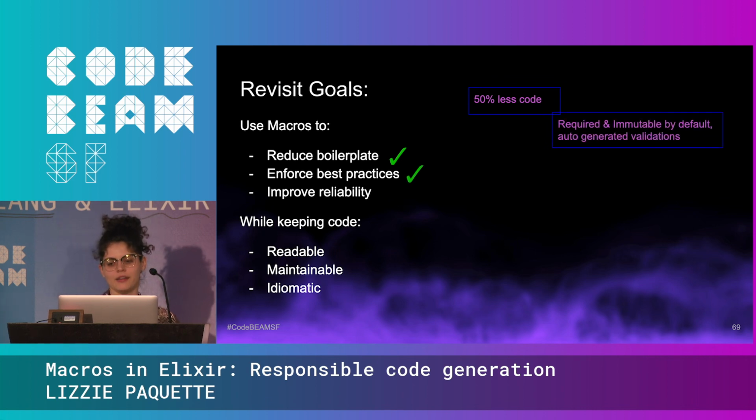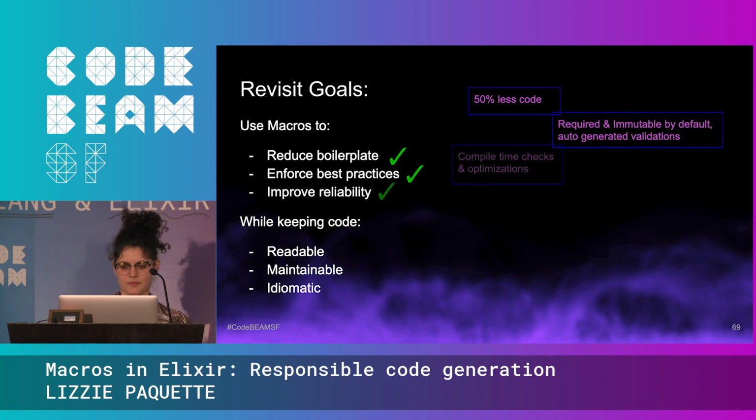We had our fields be required and immutable by default. For the schemas, we were auto-generating a lot of validations, and we were also validating on parsing. And did we improve reliability? Yes, through some compile time checks and optimizations, you didn't have bugs in your runtime code because you were catching them at compile time.